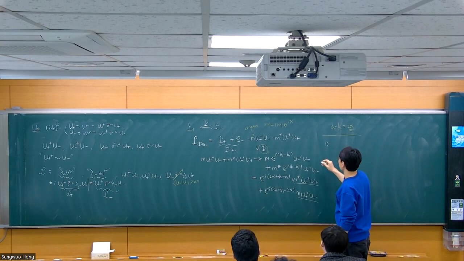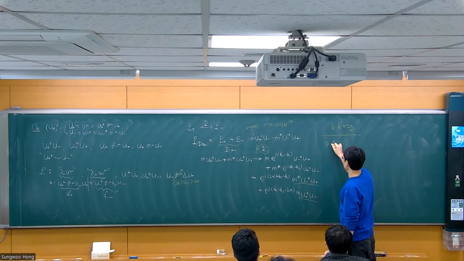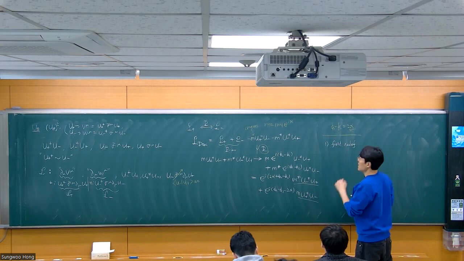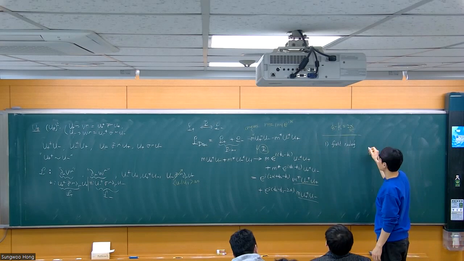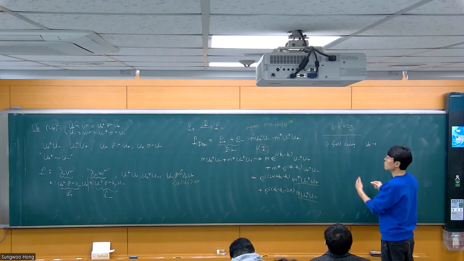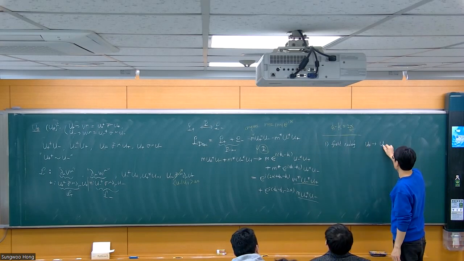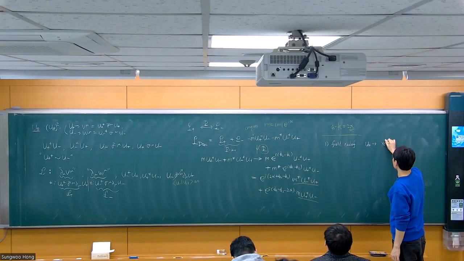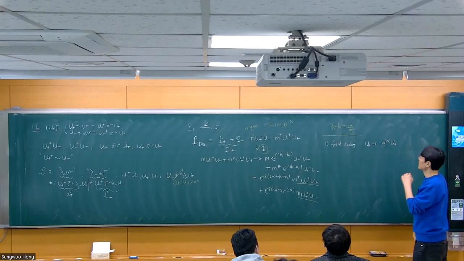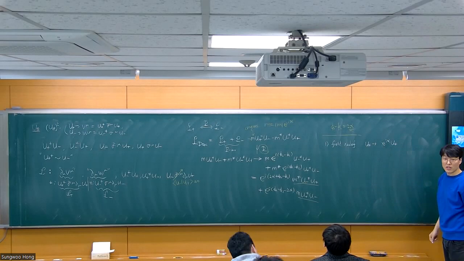Step number one, we make a field redefinition in which I just rescale my U plus field to e to the I alpha U plus. So I just made a field redefinition through this phase rotation.